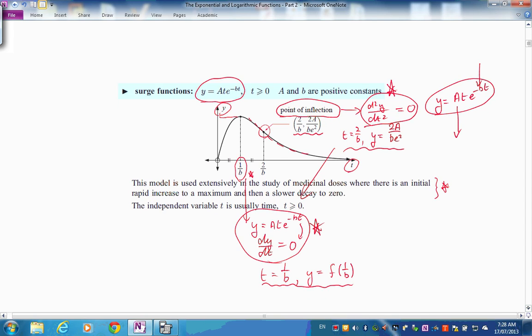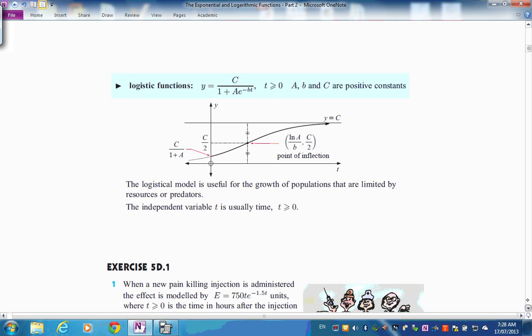Okay, so let's go down and have a look at another function. Here's one here, the logistic function. Oh, that looks complicated. It still has the basics of the exponential in there. That's a negative, I just messed that up. So let's just go back. That's e to the neg bt. And how does that graph? Well, look at it here.